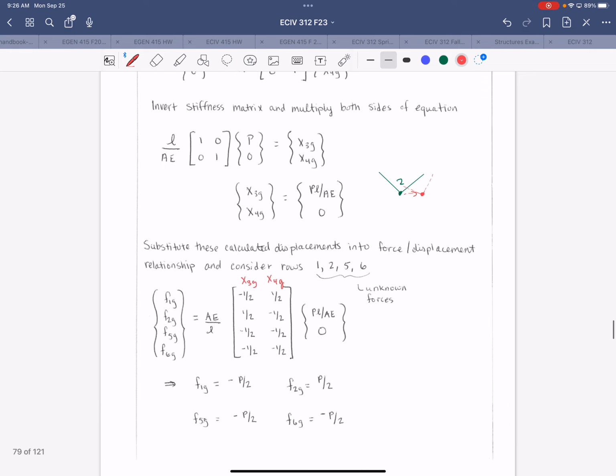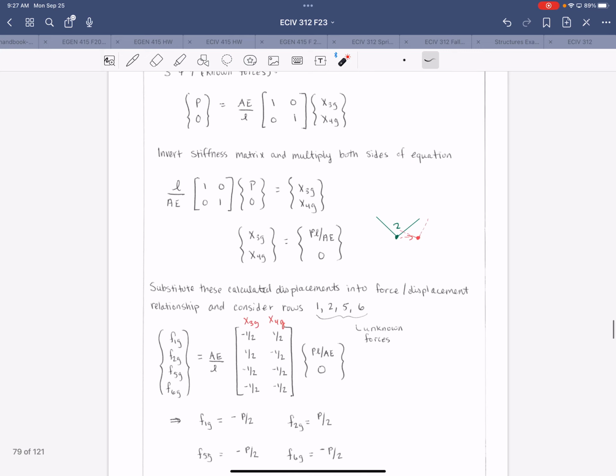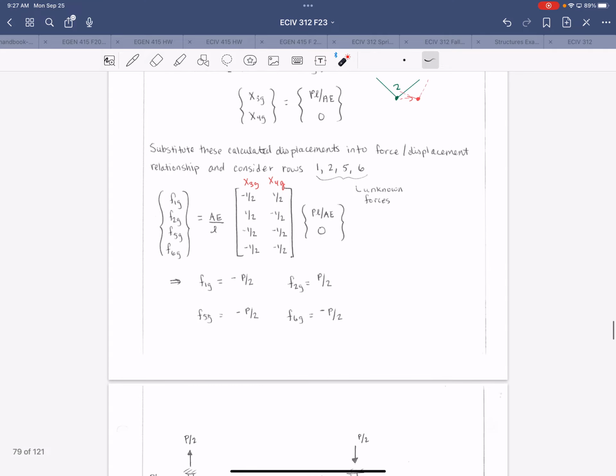Now technically in this second partition, you could go ahead and take all 6 columns, because the second partition doesn't have to be square for you to solve it. But if you do that, it's just extra work writing it all out because they're just going to be multiplied by 0. They won't contribute to the solution.